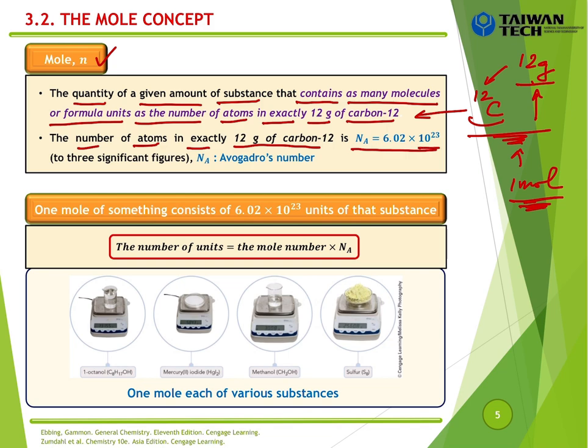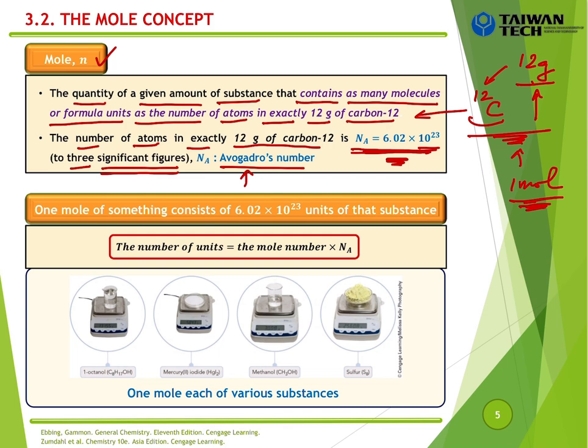And this one we use 3 significant figures. Actually, this one is a long number, but we use 3 significant figures in our course here. Or this value you also can check from your calculator, and this number we call the Avogadro number, the name of the scientist.